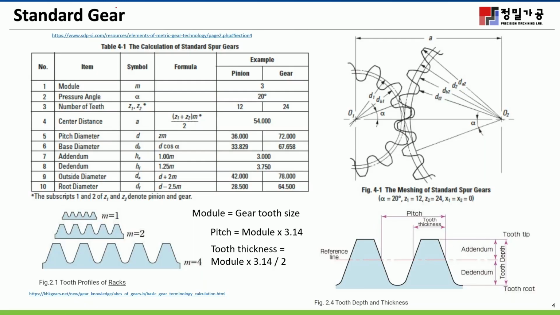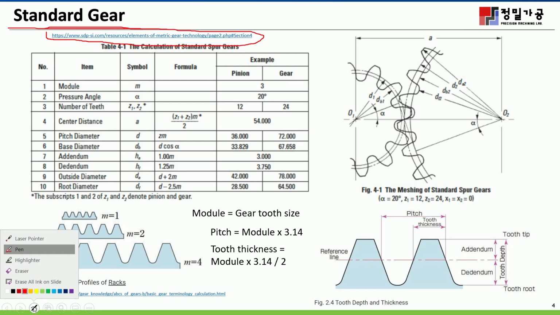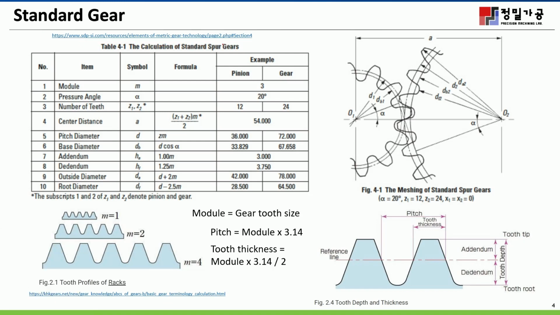Next, this one is a standard gear. You can find the source from this link, available on the internet. I just took the model from the internet, and you should know the basic understanding of the gear. First is module. This module is actually the gear tooth size.